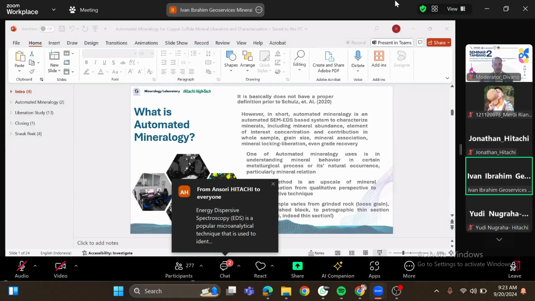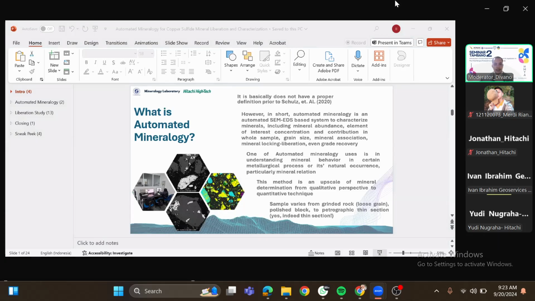Sudah masuk sampai sini? Masih yang what is automated mineralogy nih, Pak. Iya, masih di situ. Mungkin bisa kita bantu share screen saja, Pak. Boleh, boleh. Oke. Saya stop share dulu ya. Ya, Pak.